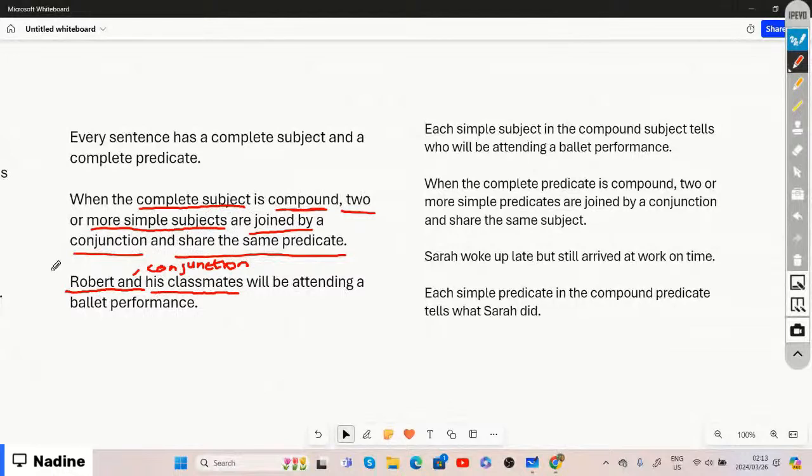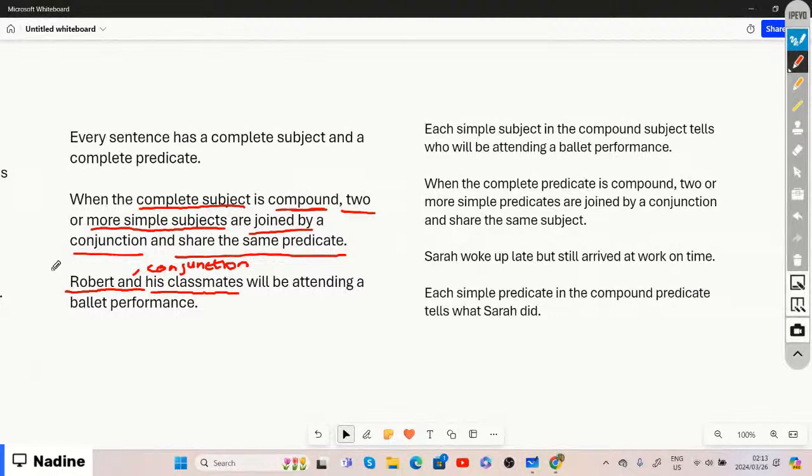It's the same as saying it's a compound sentence, where we have two simple sentences joined by a conjunction. So here we have the complete subject that is compound, which is two simple subjects that are joined by a conjunction, and they share the same predicate. And remember, we said our simple subject is either a noun or a pronoun, right? It tells us who or what is doing the action.